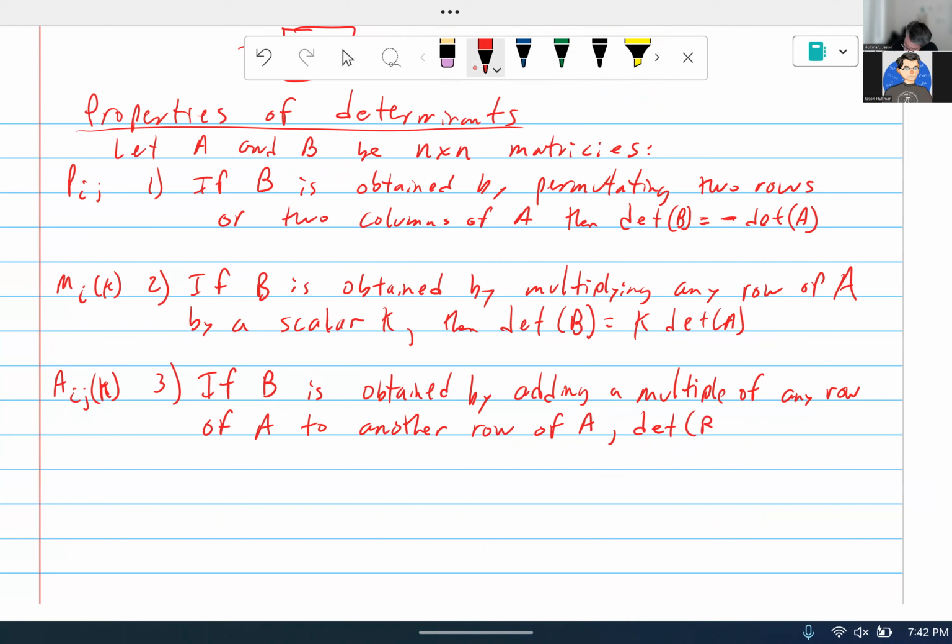Determinant of B is equal to the determinant of A.